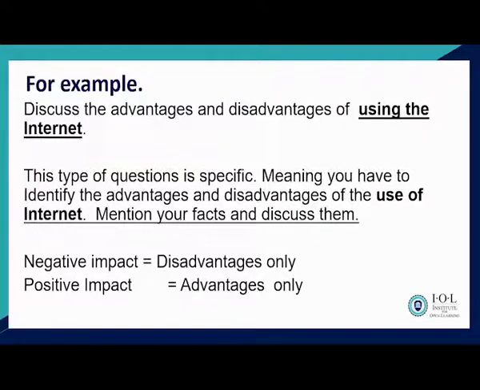I list it first, then I discuss it. Then I give examples. When I'm done with the advantages, what next should I do? You now go to the disadvantages. You mention a defect, then you discuss again. Then you get your full marks.